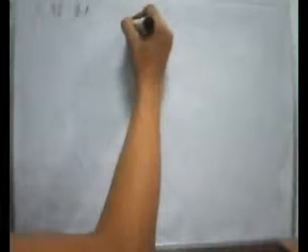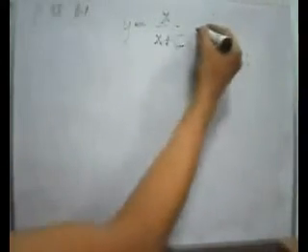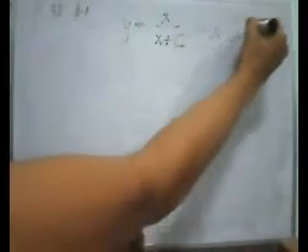Okay, now let's try page 38, number 1. The solution we have arrived at is y equals x over x plus c. This is equivalent to x times x plus c raised to negative 1.